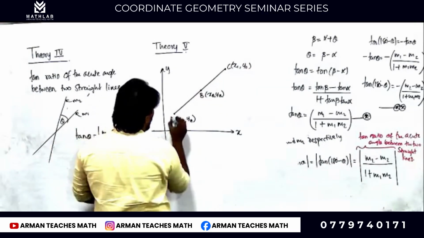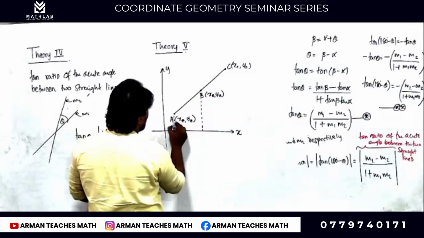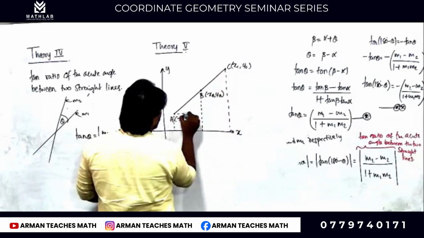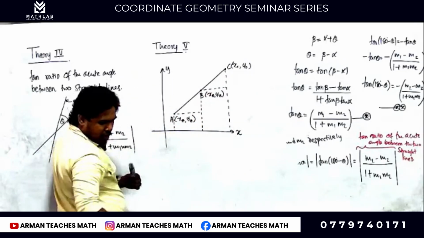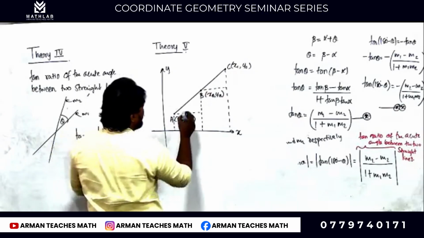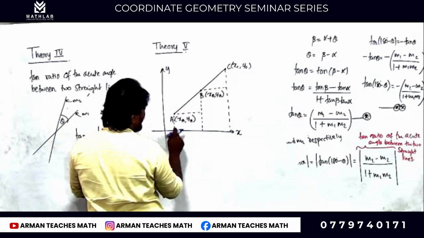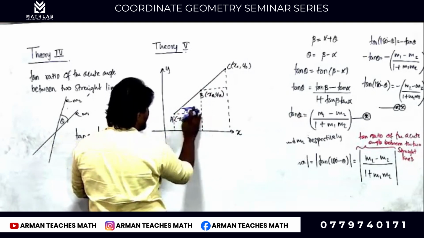Now I'm not going to draw everything. Let's draw a perpendicular straight line segment to the x-axis and a perpendicular straight line segment like this. We know the heights now. This one is YB, this one is YA, this is YB minus YA. Sorry, XB minus XA.